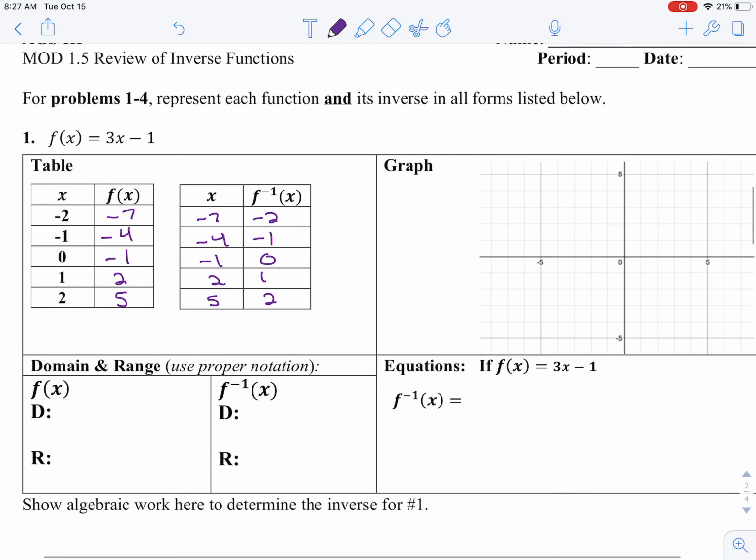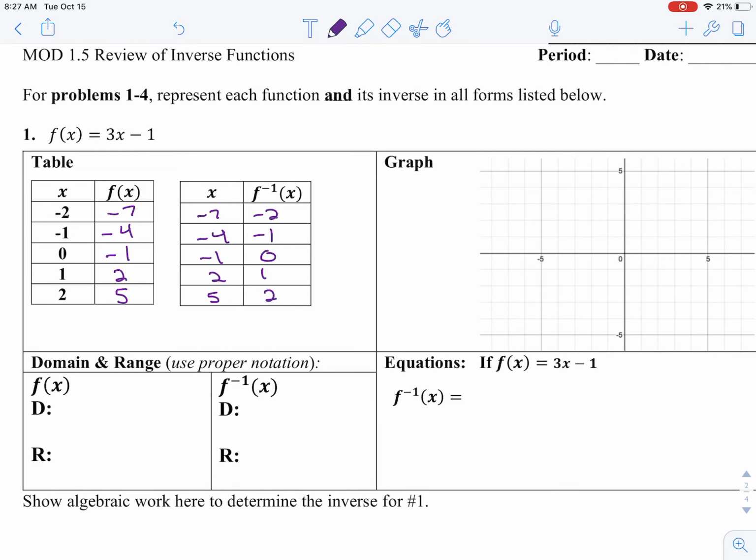Now we have to do the graph. Represent each function and its inverse in all forms listed below. Okay, so for this one, the graph of the original is going to be -2, -7, which is like down there, and -1, -4, 0, -1, 1, 2, and 2, 5.